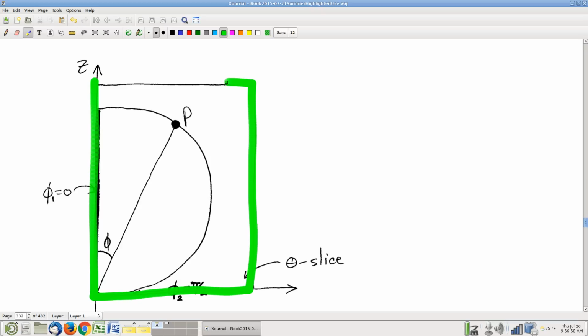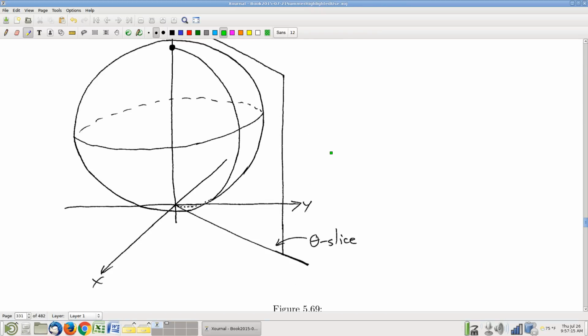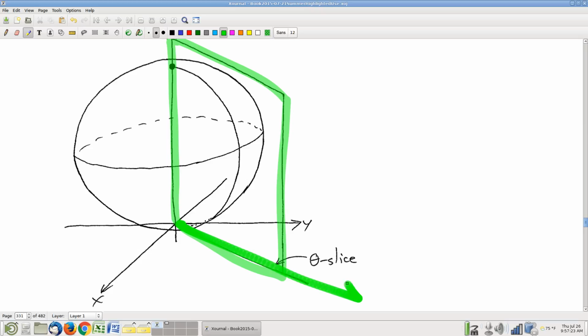Right? So this is as seen from exactly perpendicular. So there's the z-axis, and you might want to call that the r-axis or something. Not that it's really an axis, but for this theta slice, that's that line, and you can see why I call it the r-axis, because it's pointing in the direction of increasing r.